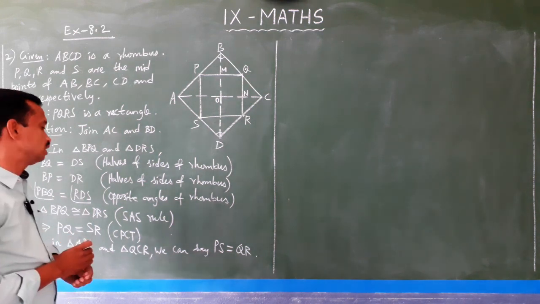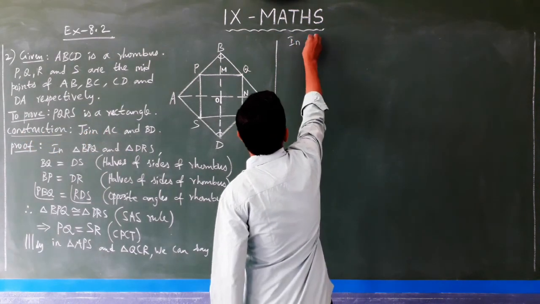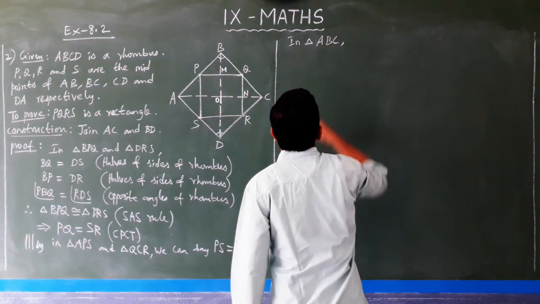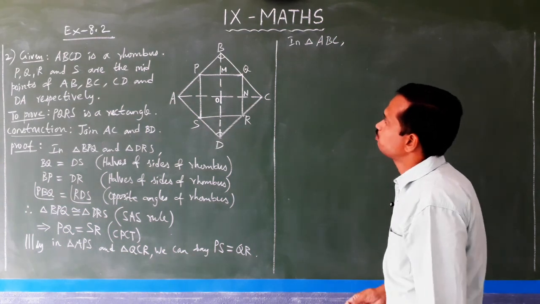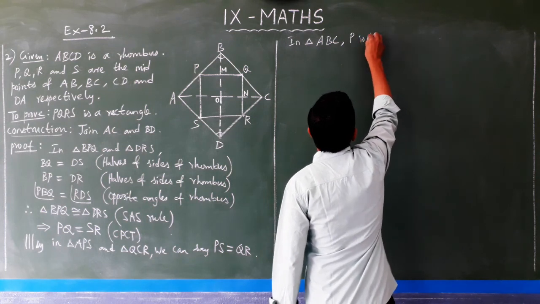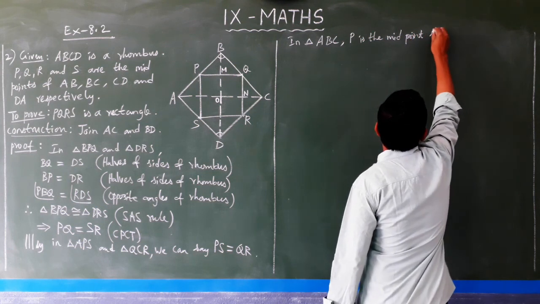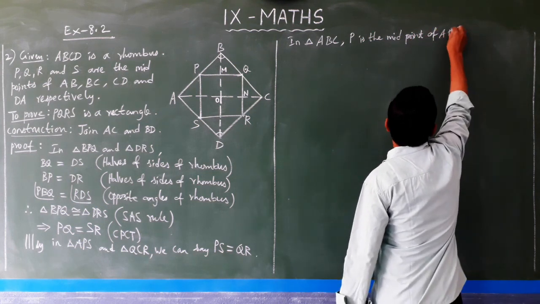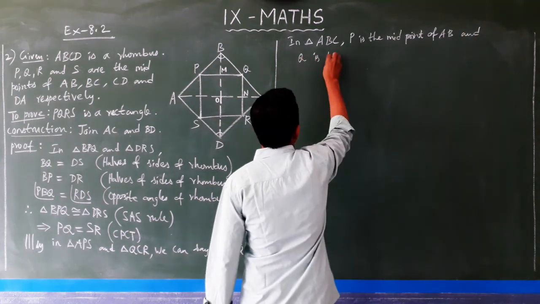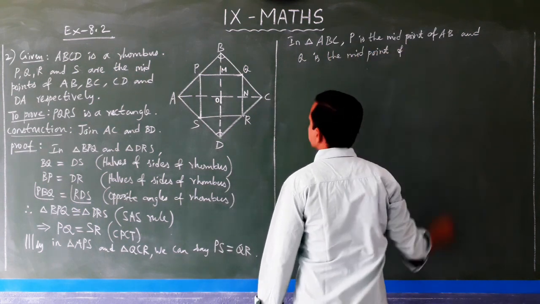Now we have to say that they are parallel. How to do that is by using the midpoint theorem. So in triangle ABC, P and Q are the midpoints of the two sides. P is the midpoint of AB and Q is the midpoint of BC.